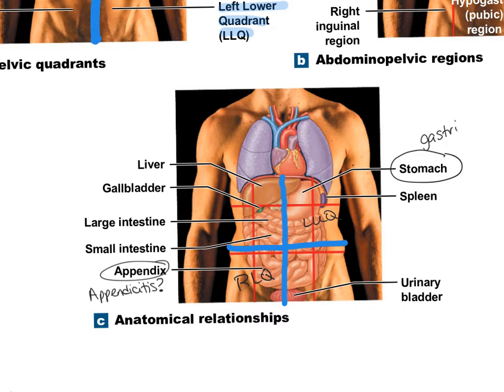If a person's having pain in their right upper quadrant, we look there and we can see the liver and the gallbladder. Perhaps they're having problems with the liver and the gallbladder. So for this class, you should be able to identify a couple of the organs in each of the quadrants.